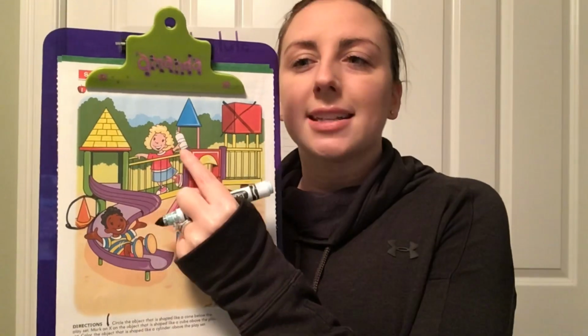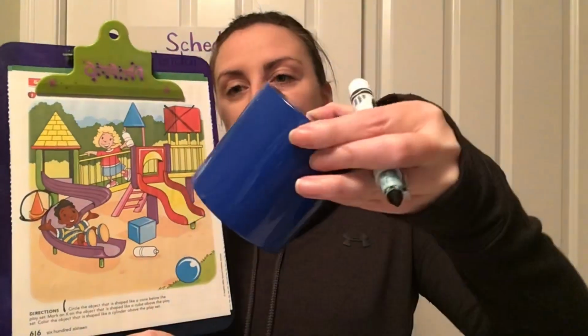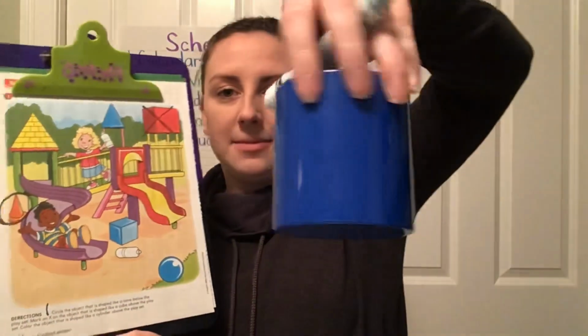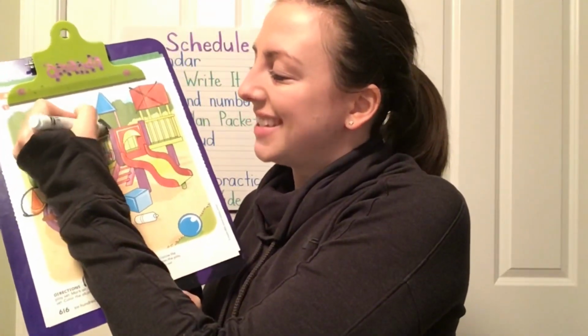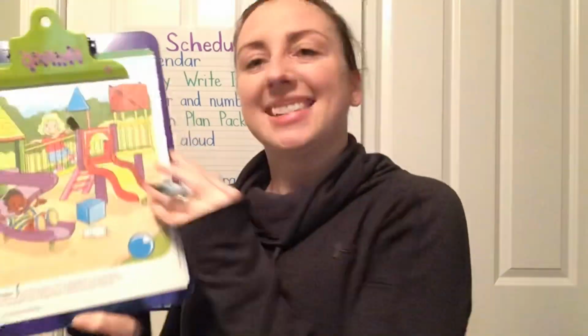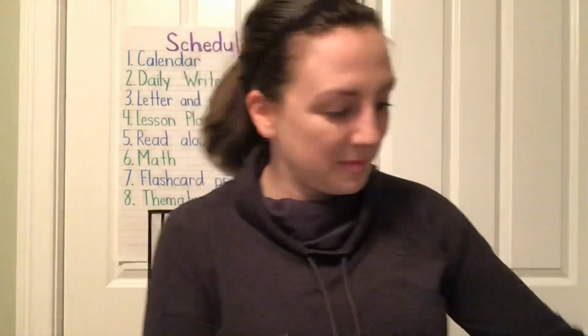It's more pointy at the top, but look at the bottom. It's just like our cylinder. It's flat at the bottom, but then it has a curved side all around. So we're going to color that in just like the directions said. Nice job, guys. All right, last page for math today.